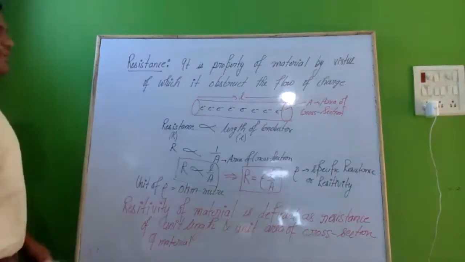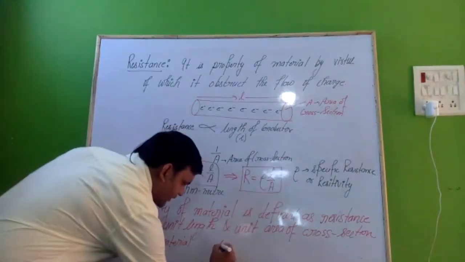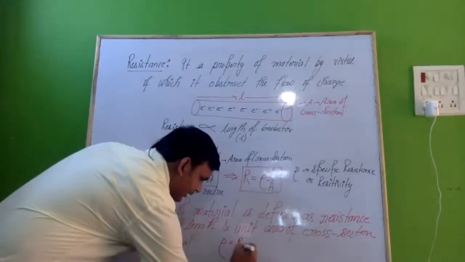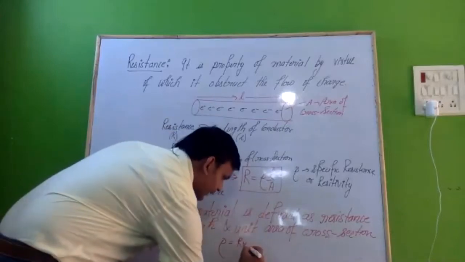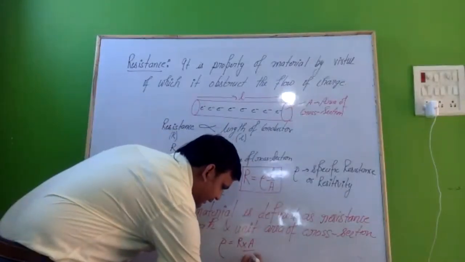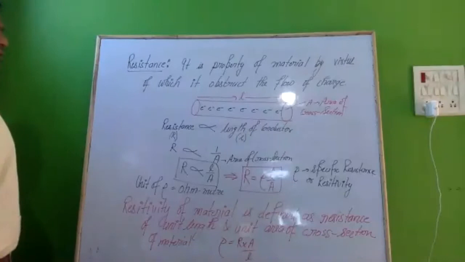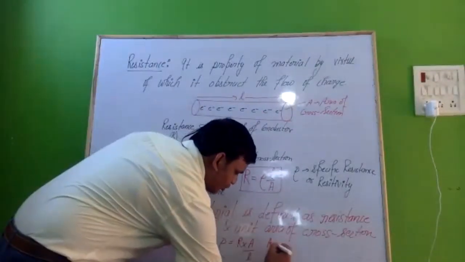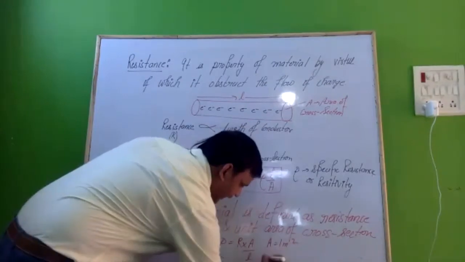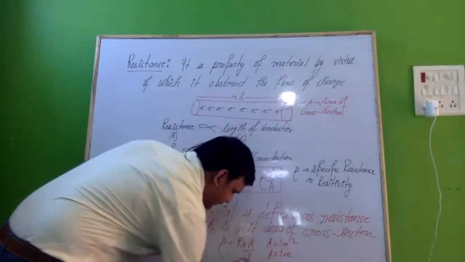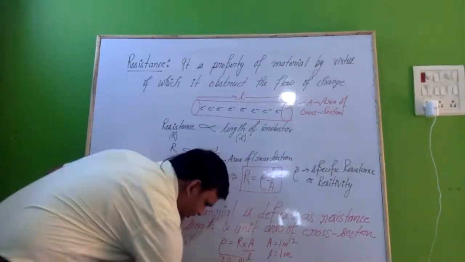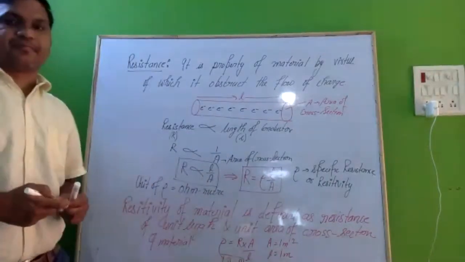Means a very simple thing: you can write rho like this. Rho is equal to R into A by L. So if you take A equal to 1 meter square and L equal to 1 meter, then rho will be equal to R. So that's basically the definition.